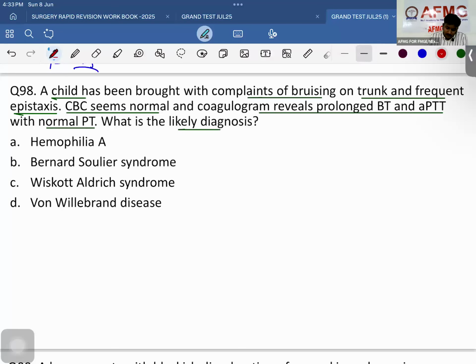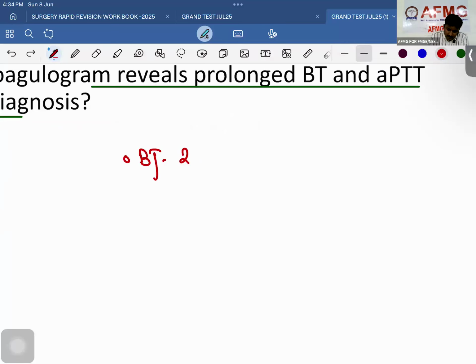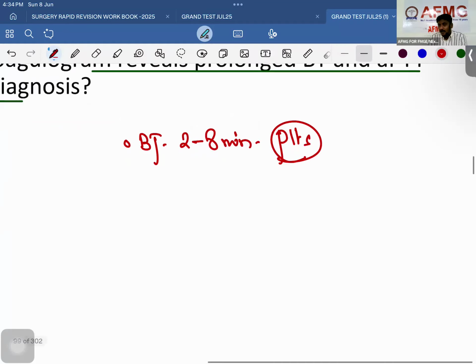So I hope all of you are quite aware that bleeding time is normally 2 to 8 minutes, beta. It is going to be prolonged whenever there is any problem with the platelets, any qualitative or quantitative defect with platelets. Prothrombin time, that is PT or INR, is normally 11 to 16 seconds.